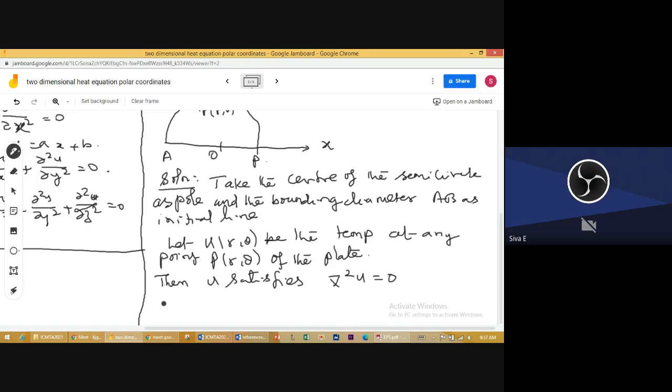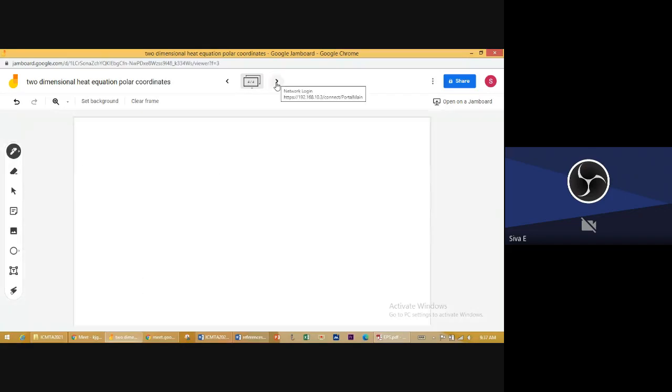That is, dou square u by dou r square plus 1 by r dou u by dou r plus 1 by r square dou square u by dou theta square equal to 0. So what are the boundary conditions?